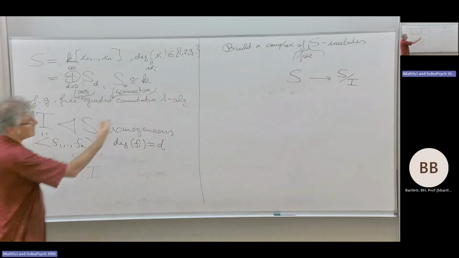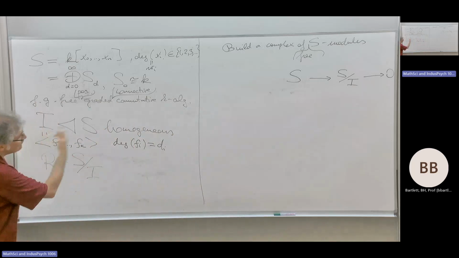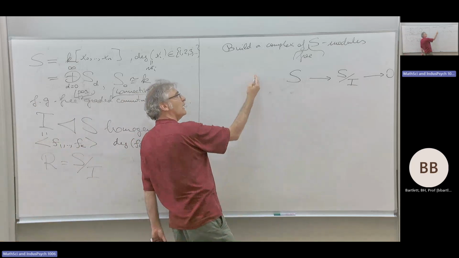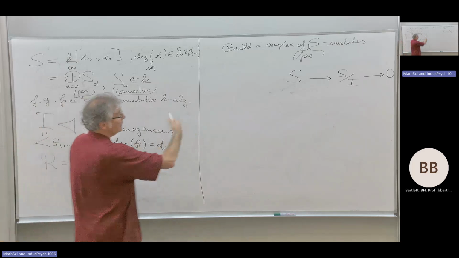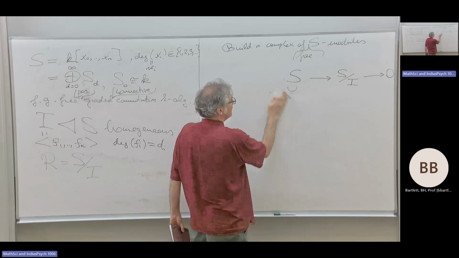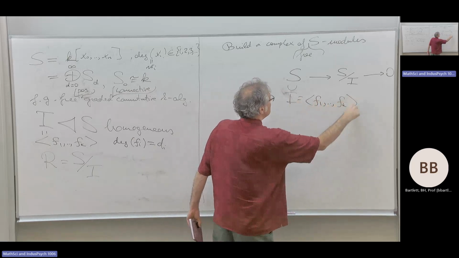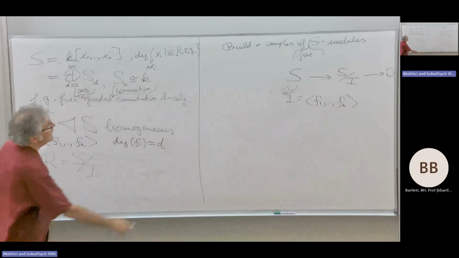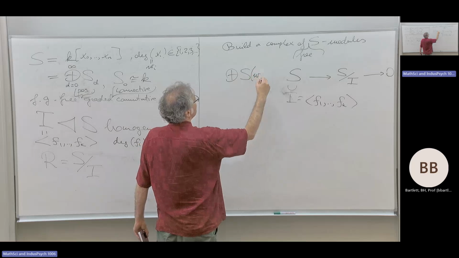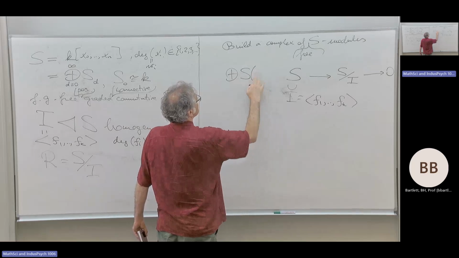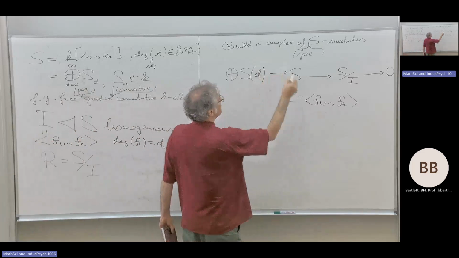So I have a surjection from S to S mod I. So this is surjective. And the kernel here is I, but I is not a free module, so I want to replace it by a bunch of free modules. So I want to map to the generators. Inside here lives I, and I is generated by F1 up to Fk. So what you can do is take a direct sum of copies of S, with shifts, shifted by some di, just to be consistent with the gradings.